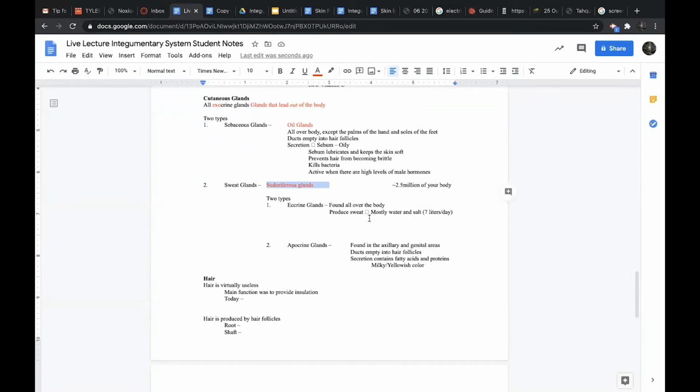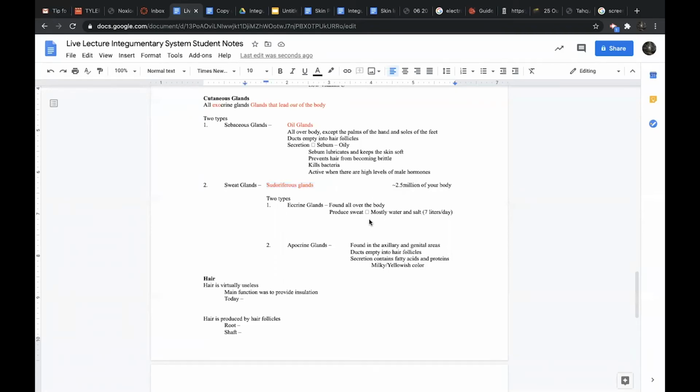They produce sweat, which is mostly water and salt, and we produce about 7 liters a day. That's a lot. That's almost 4 2-liter bottles of soda, but in sweat. The reason that we have those and produce those is because they help to regulate our body temperature.